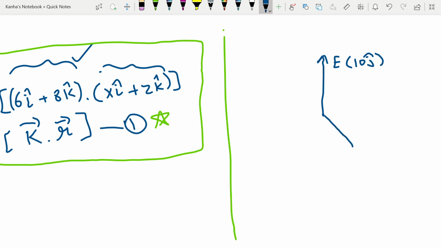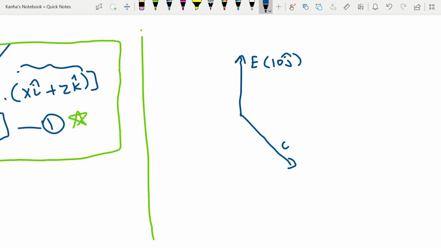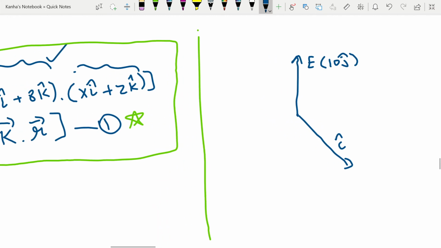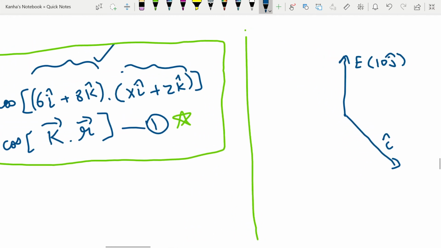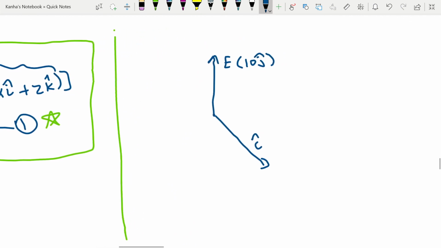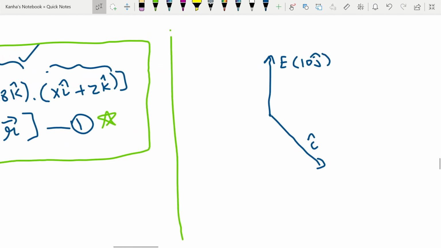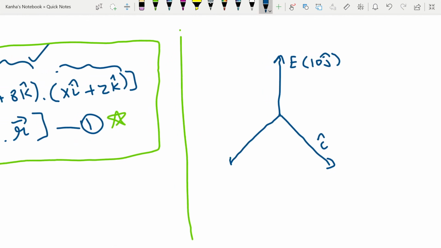This has a direction of propagation, or c cap. C cap is the direction of the propagation. It is 6i plus 8k. Okay. And how much is this? This will be your direction of the magnetic field, because all the three have to be perpendicular to each other.